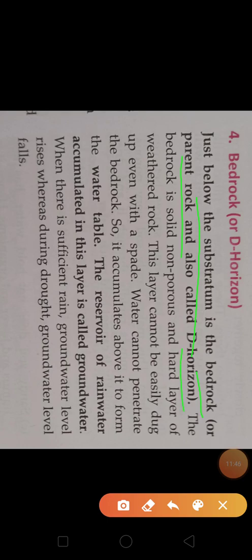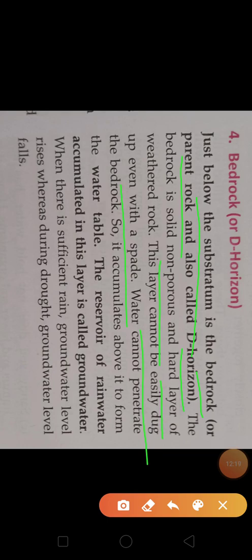The bedrock is a non-porous and hard layer, so we can say that this layer cannot be easily dug even with a spade. It is really difficult to dig this layer because tight rocks are there. It cannot easily be penetrated.